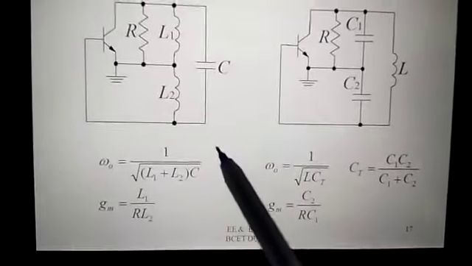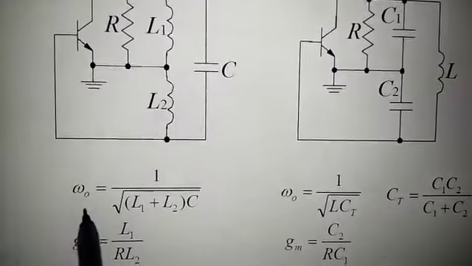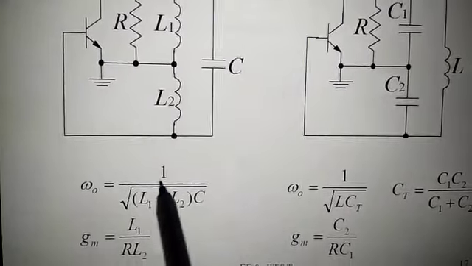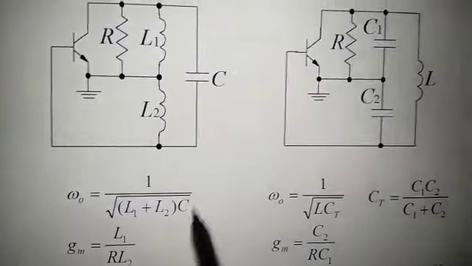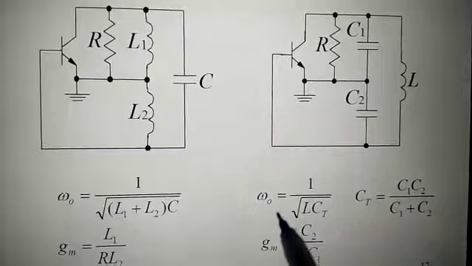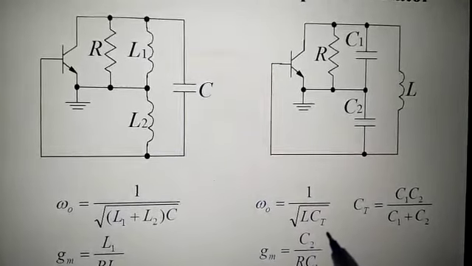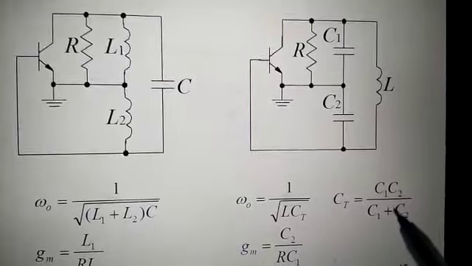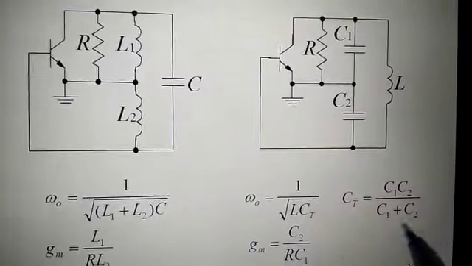In the Hartley oscillator, the frequency of oscillation is given by omega 0 equal to 1 upon square root of (L1 plus L2) into C. In the Colpitts oscillator, omega 0 is equal to 1 upon square root of L into Ct, where Ct is the equivalent capacitance C1 into C2 upon C1 plus C2.